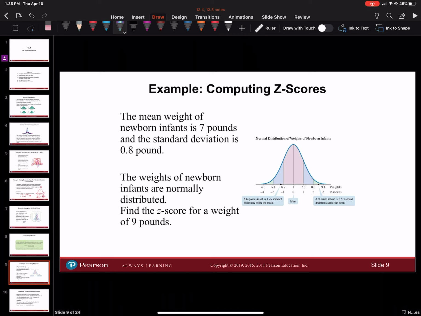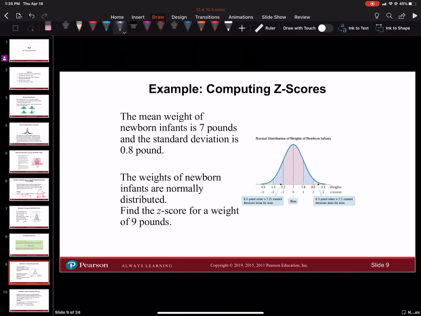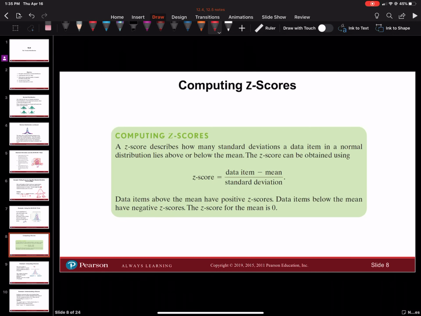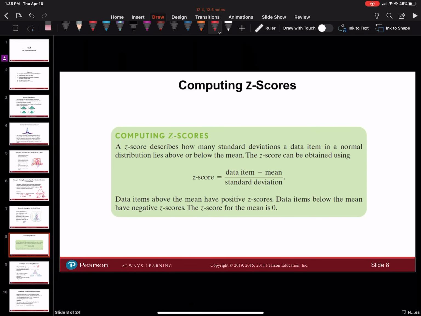So when we look at this, we have to use what we got. So remember, z-score is equal to data item. So z, and let me change the color. So z is equal to, and I'm going to write it in terms that we used before, x minus x bar all over standard deviation. Because z-score is equal to data item minus the mean over standard deviation.